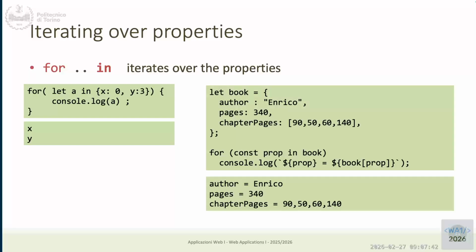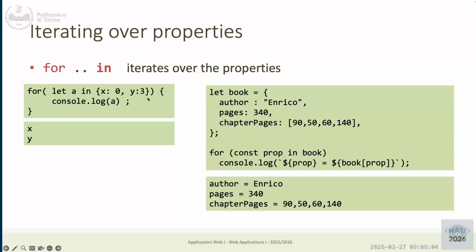And if we don't know which properties are defined in an object, how can we use this object? We cannot just guess a name, okay? Person.age, does it exist or not? We cannot just guess, okay? Or birth date.